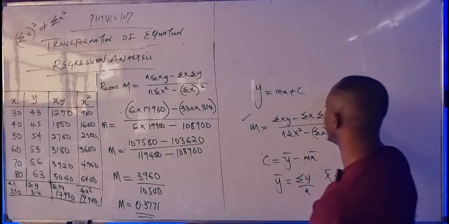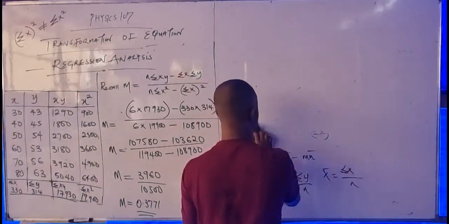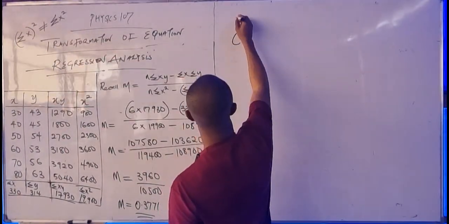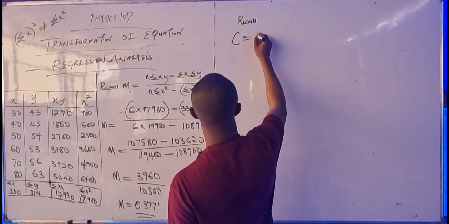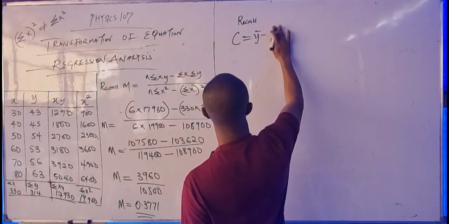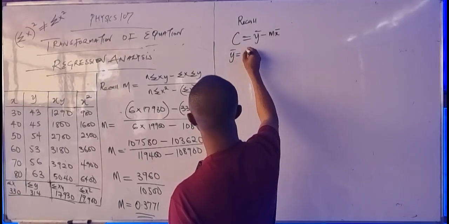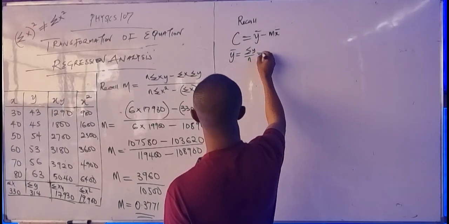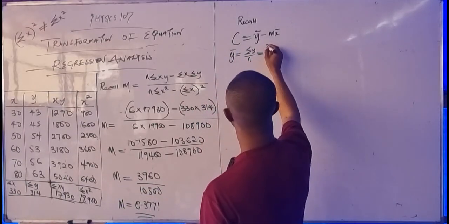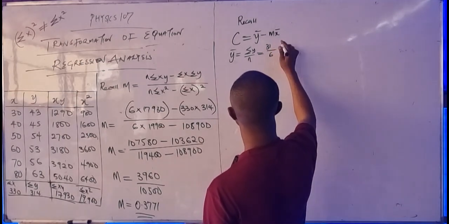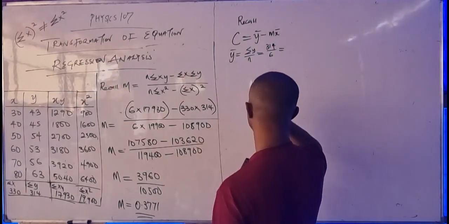Let's find our C, our intercept. Step: recall that C equals Y bar minus M X bar. What is our Y bar? Sum of Y over N. The sum of Y is 314 over 6.